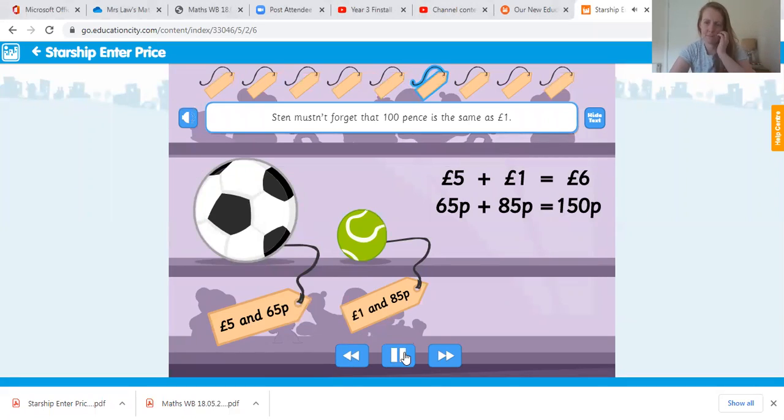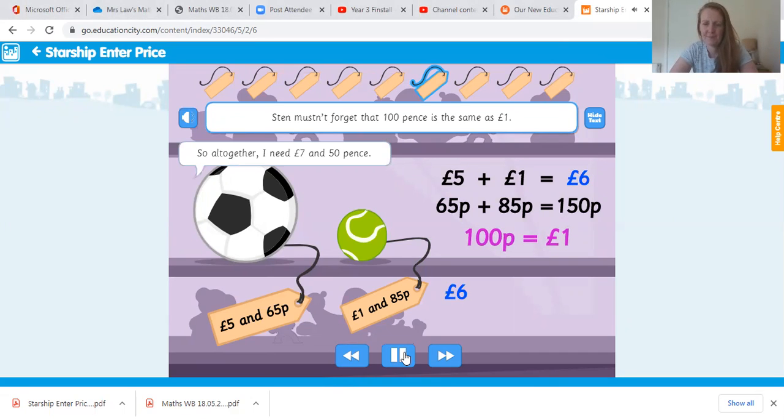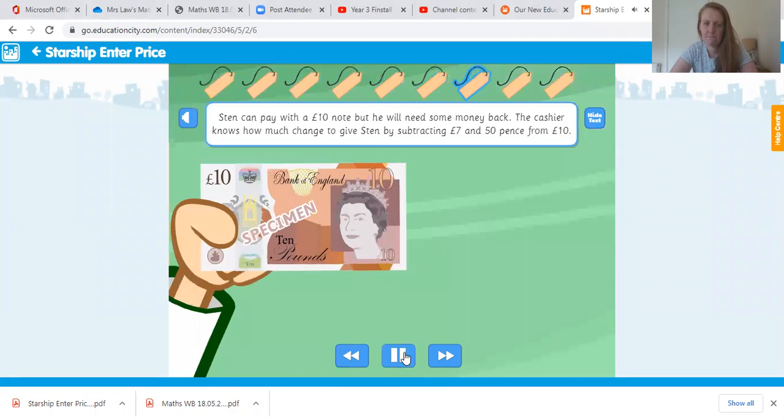Stan mustn't forget that 100 pence is the same as £1. So altogether, I need 7 pounds and 50 pence. Sten can pay with a £10 note, but he'll need some money back. The cashier knows how much change to give Sten by subtracting £7.50 from £10.